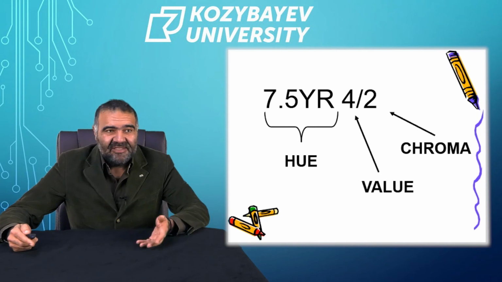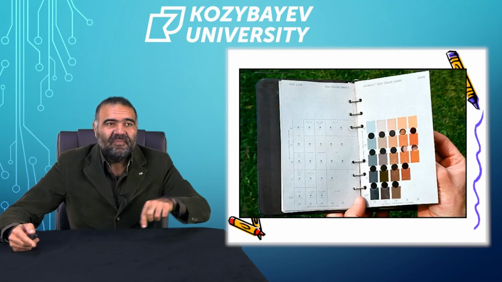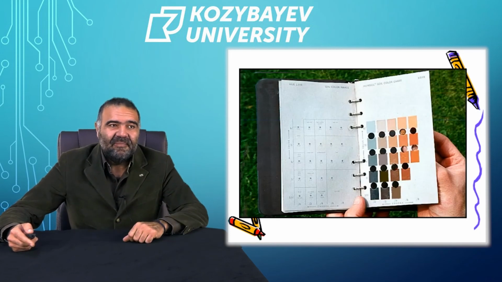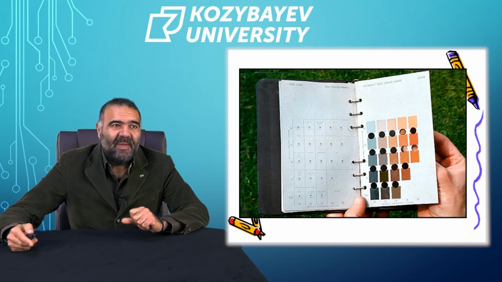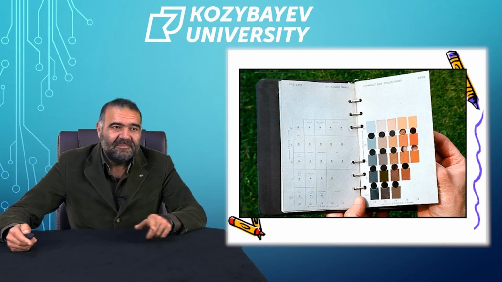And we express, of course, the value, which is on the vertical axis of the charts on our page, and then the chroma, which goes along the horizontal dimension of our system.